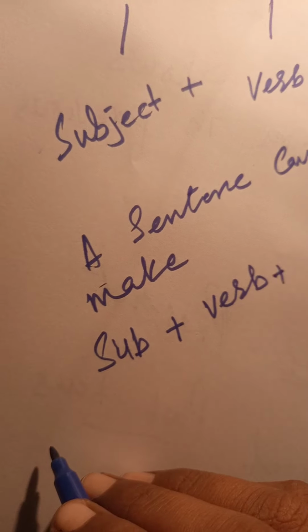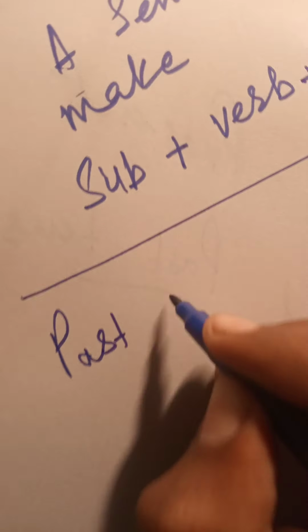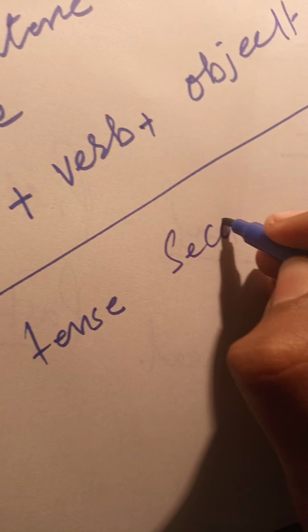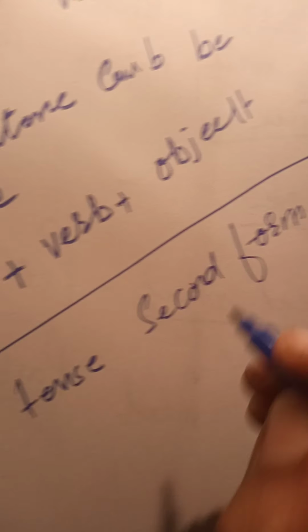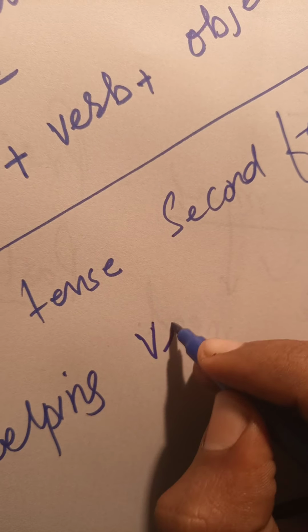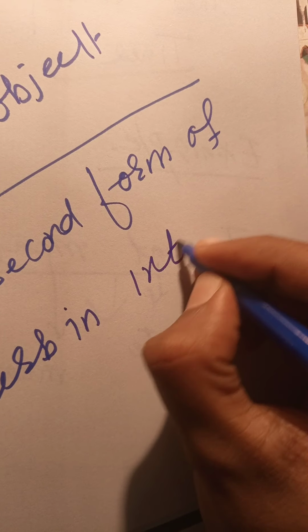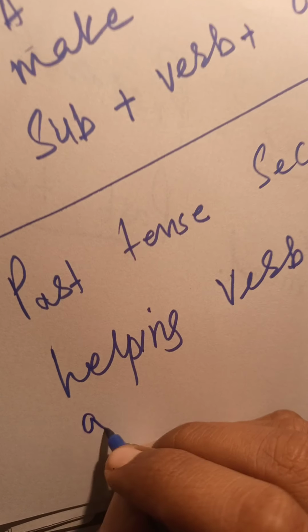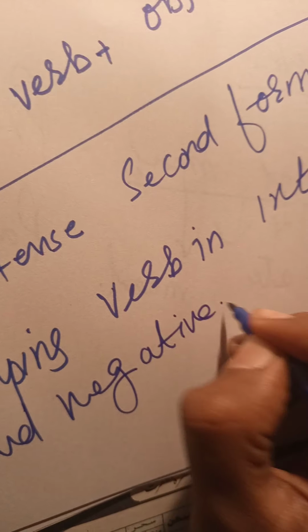Now come again to past tense. Past tense uses the second form of verb. The helping verb in interrogative and negative is did.